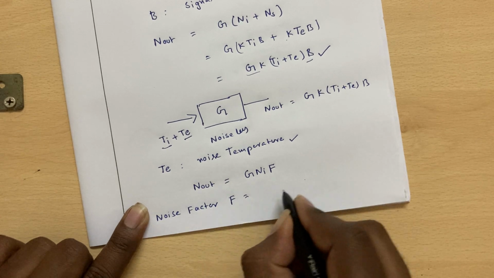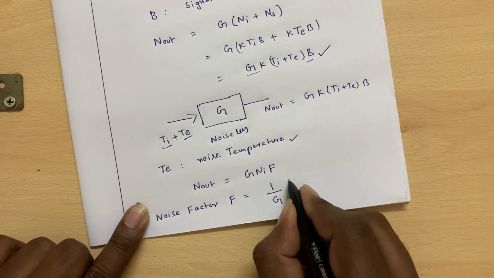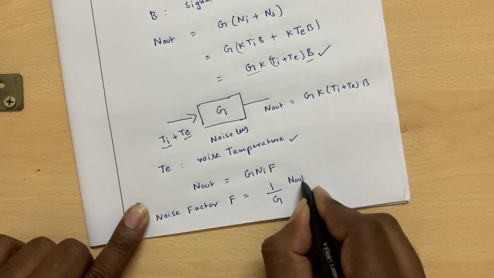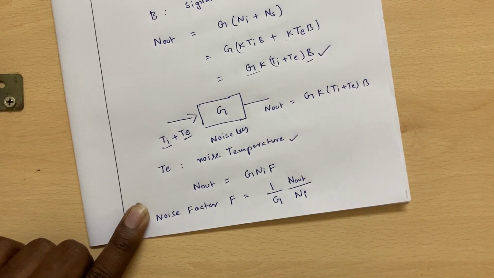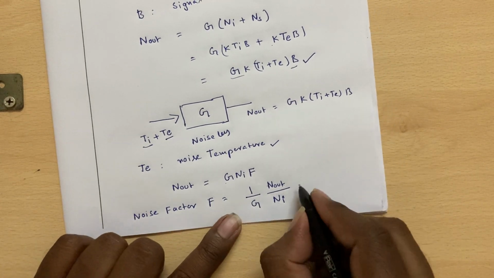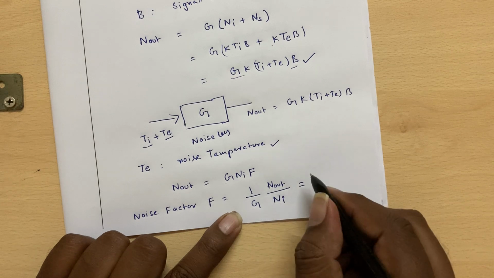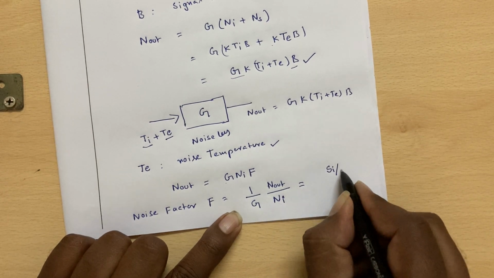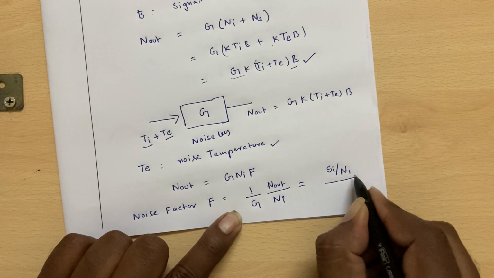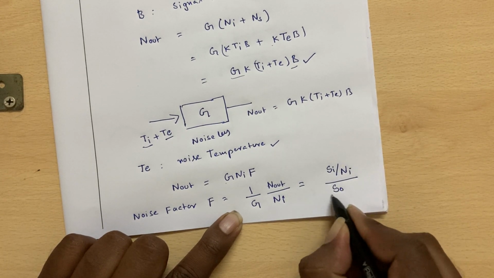F is equal to 1 by G into output noise power divided by input noise power. From this only we can write this, or we can also extend it, because Si by Ni you can write in the numerator, and in the denominator S out is equal to G into Si.